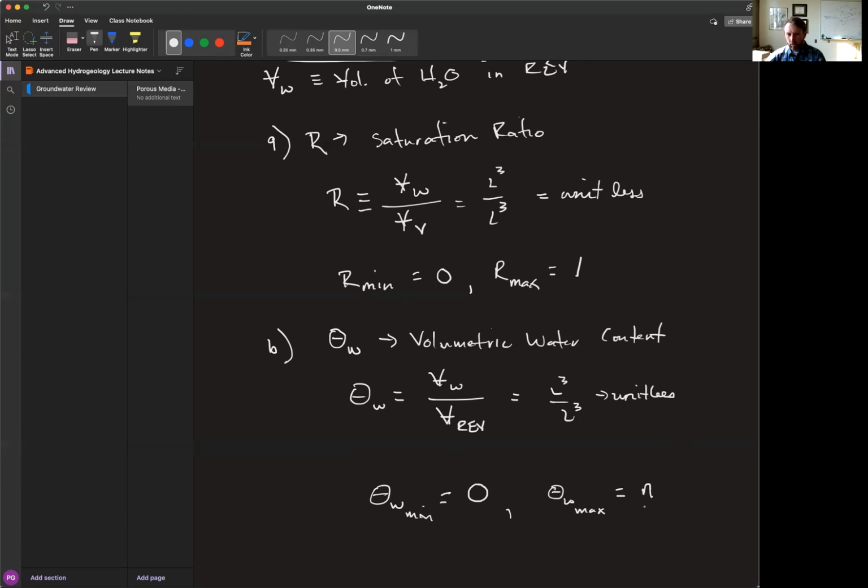So volumetric water content varies from 0 to n. When a porous media is fully saturated with water, that means all of its pore space is full of water. It has a saturation ratio of 1 and a volumetric water content of n.